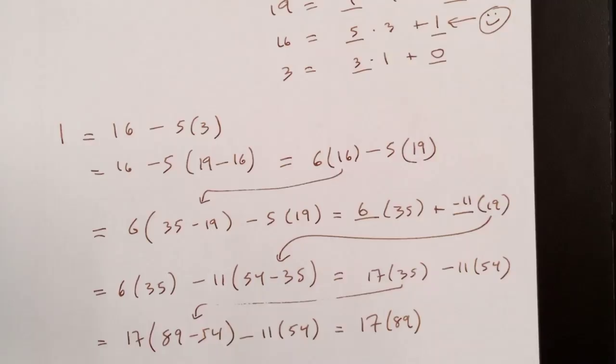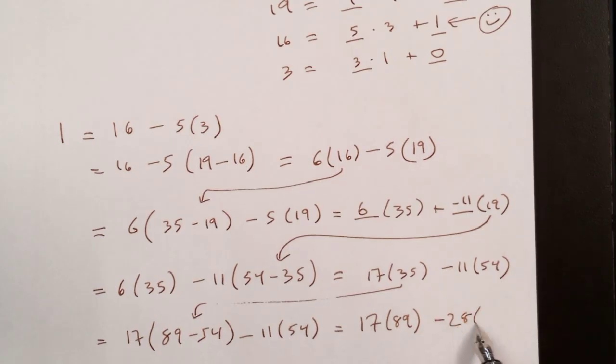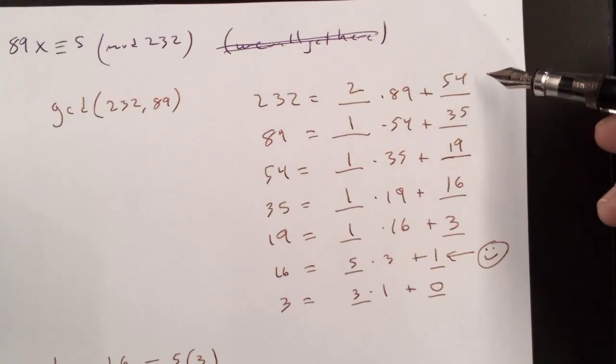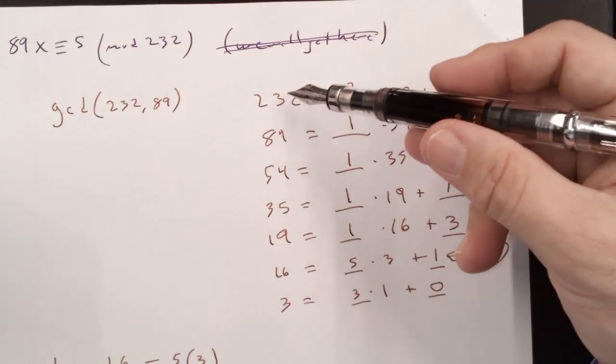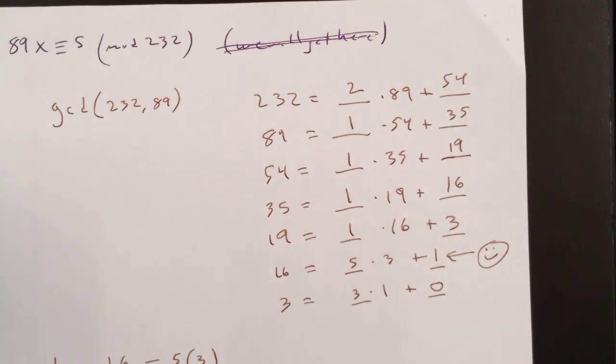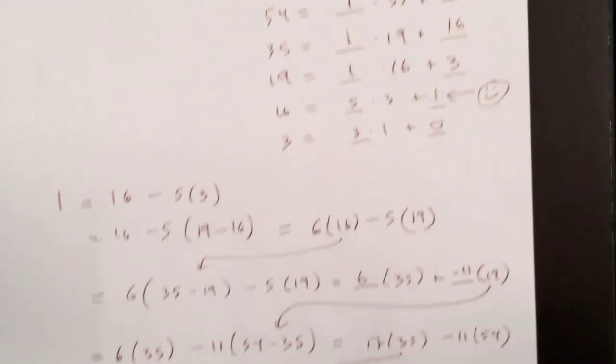And how many 54s? Negative 28 54s. 54 is the remainder in the very first division we did. Replace 54 by 232 minus 2 89s. Got to keep the 2 with it.